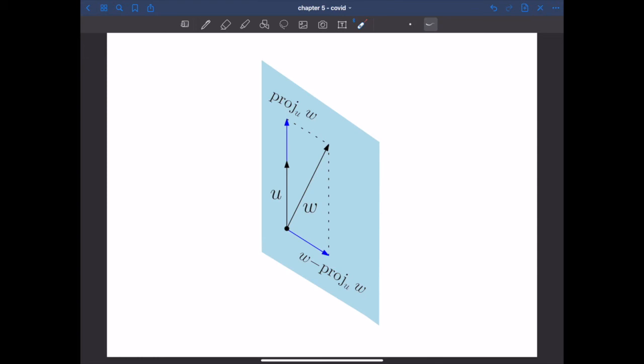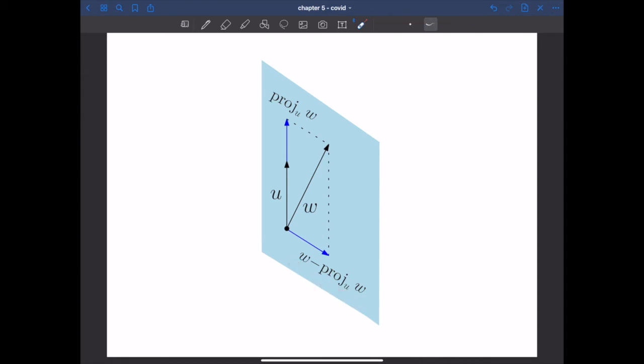So what we've done is we've taken the vector w and split it up into one piece that's parallel to u and one piece that's perpendicular to u. And what we do is we throw away the piece that's parallel to u and we just keep the piece that's orthogonal to u. By throwing away, I mean we take the vector w and subtract away from it the projection of w onto u.